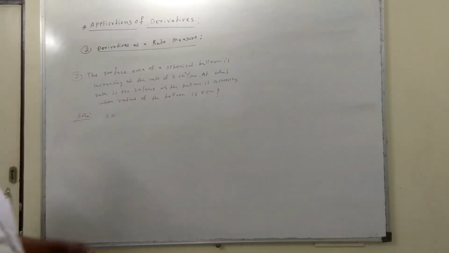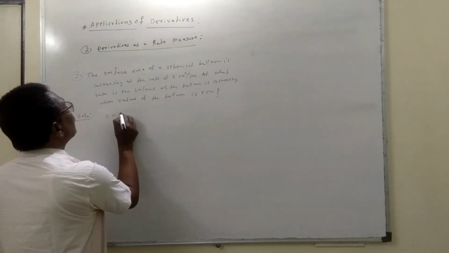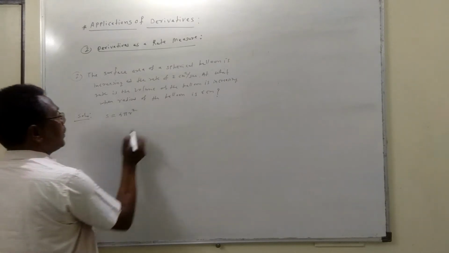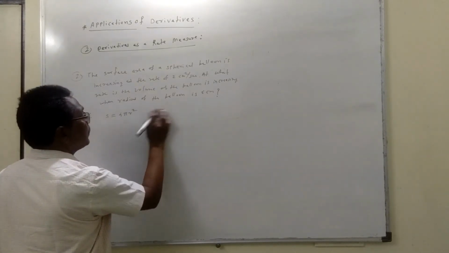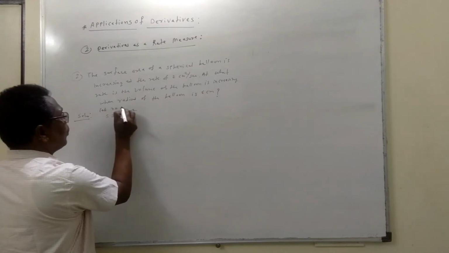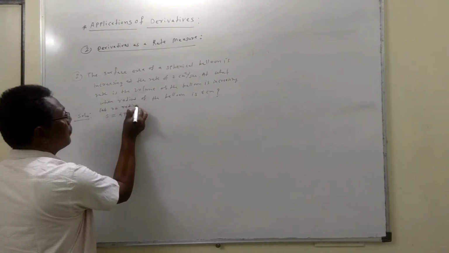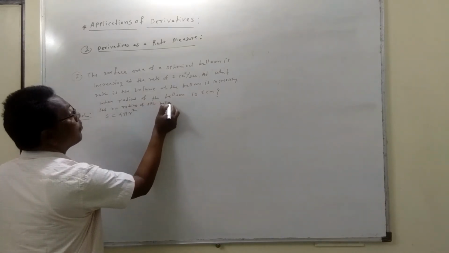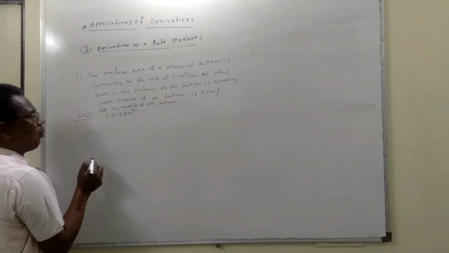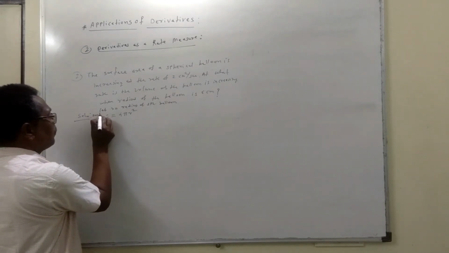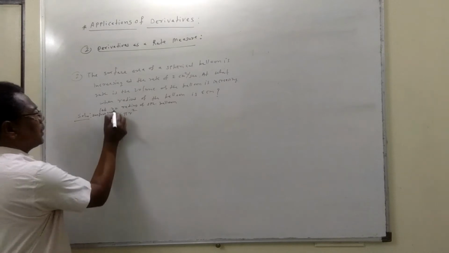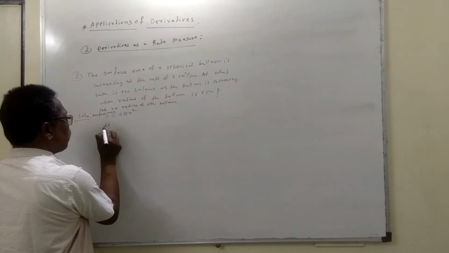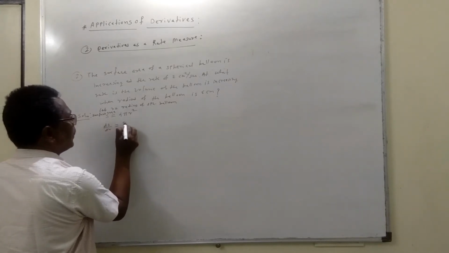Let r be the radius of the spherical balloon. So S is equal to 4 pi r square. So ds upon dr is equal to 8 pi r.